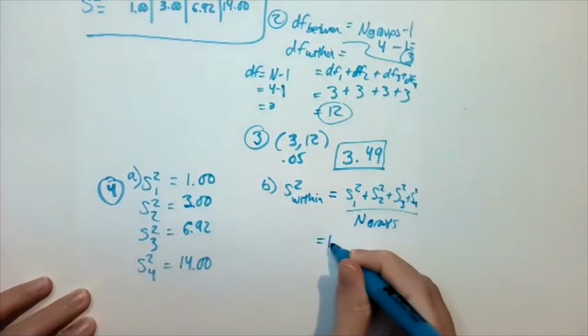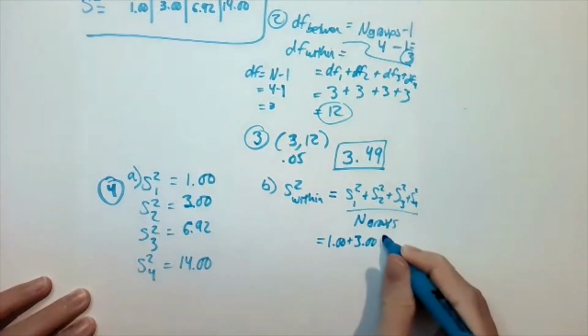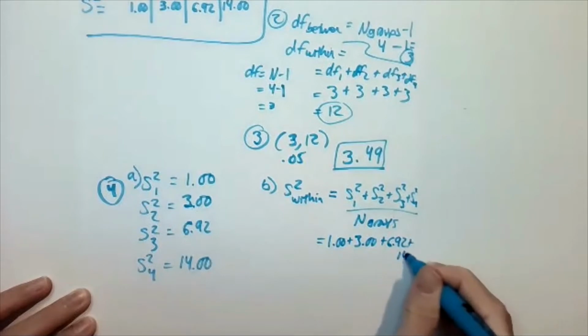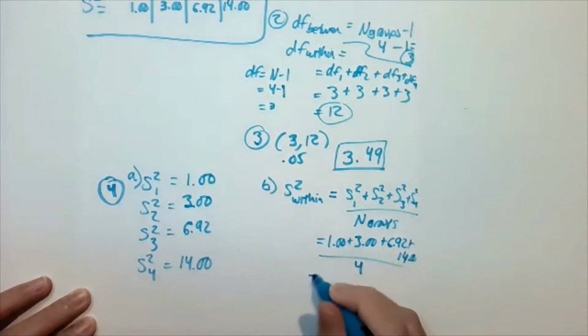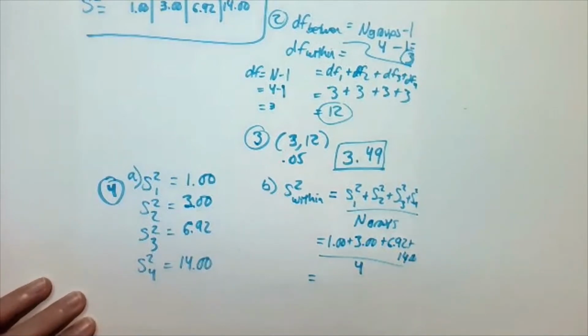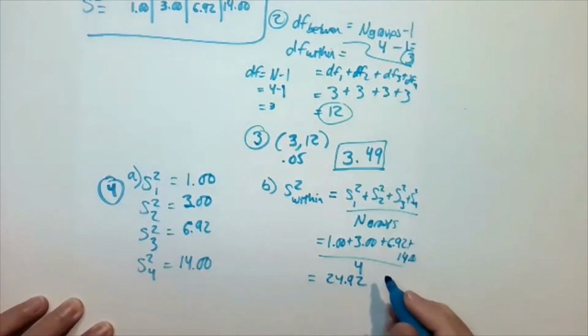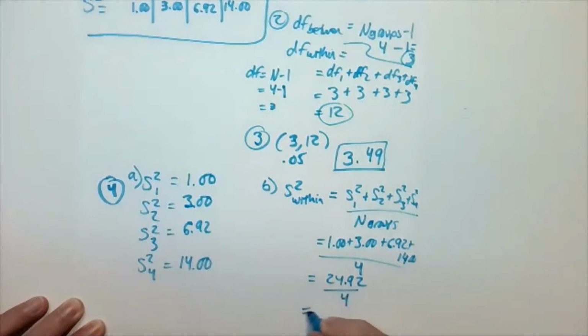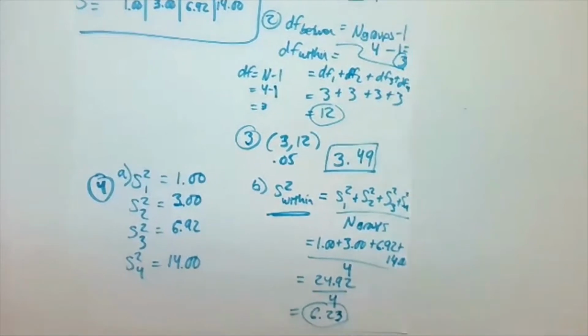And so here, this is going to be 1 plus 3 plus 6.92 plus 14 over 4 groups. And so if I add up 1 and 3, 6.92 and 14, I'm going to get 24.92. If I divide by 4, then I'm going to get 6.23. I'm going to put this number aside. This is my S squared within, and I'll be coming back to that in just a couple of steps.